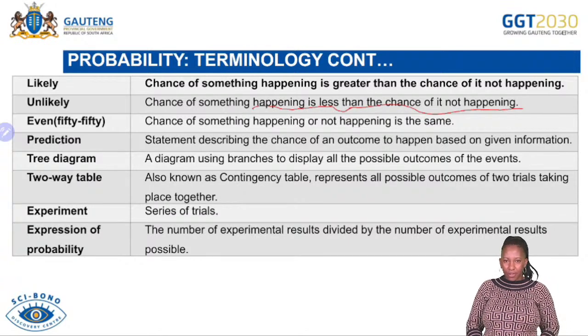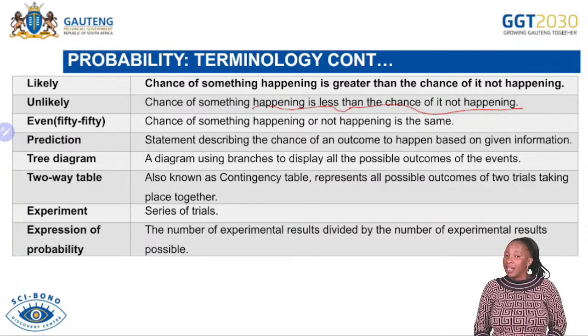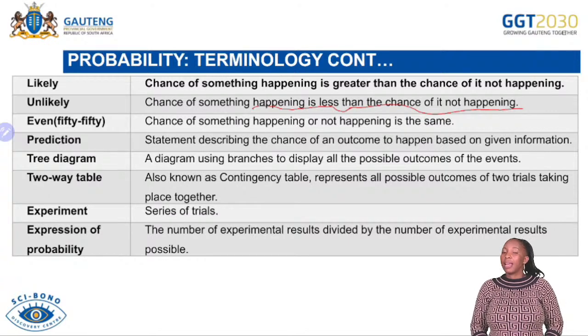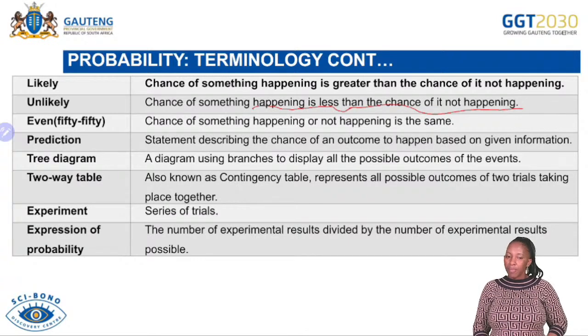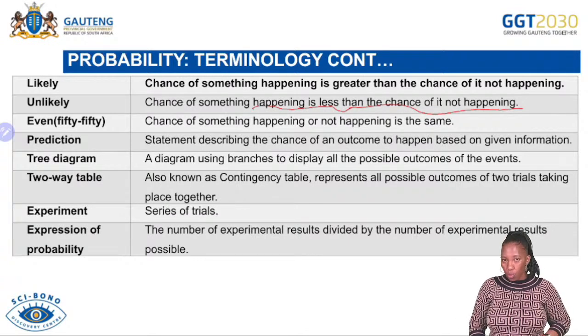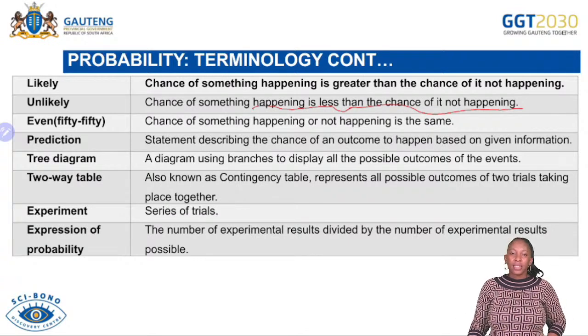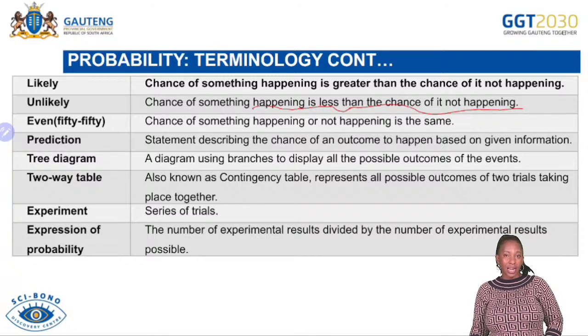And if it's 50-50, because now we don't know, maybe your teacher left the papers with another teacher, a colleague of theirs, and said, ma'am, if tomorrow I'm not coming to school, please give my learners this test to write. But if I'm there, then they will write.